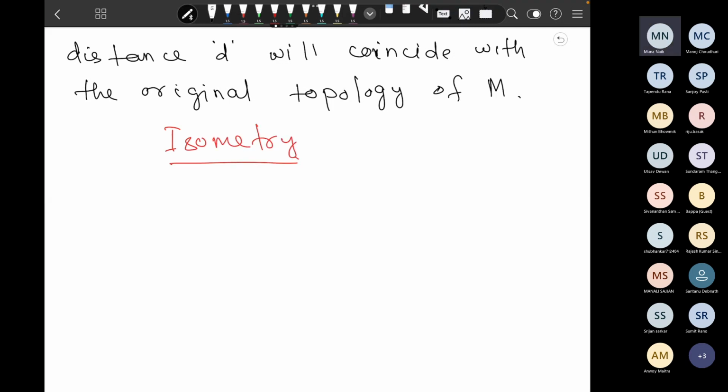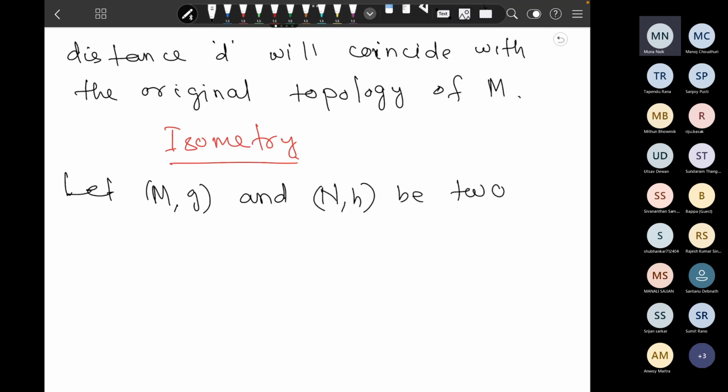Okay. So let (M, g) and (N, h) be two Riemannian manifolds.